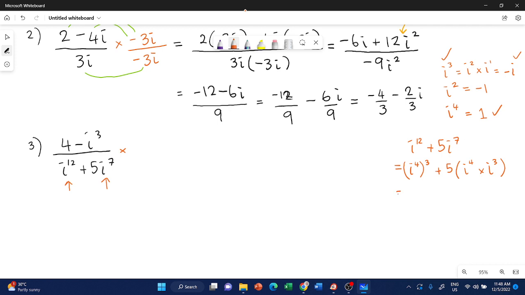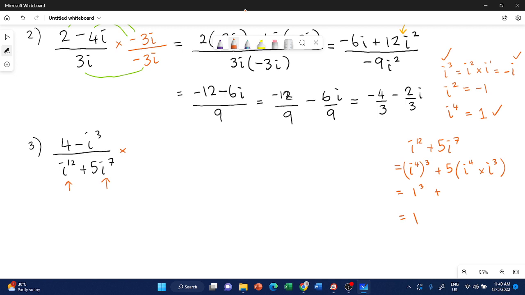Okay, shall we proceed? Sure, madam. So for i12, we had i4 to the power 3. i4 we know is 1, so 1 to the power 3 is 1. For i7, we break it into i4 times i power 3.